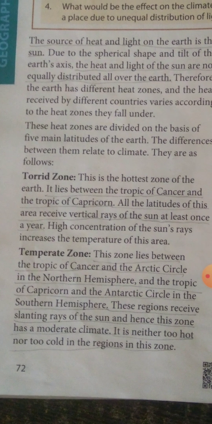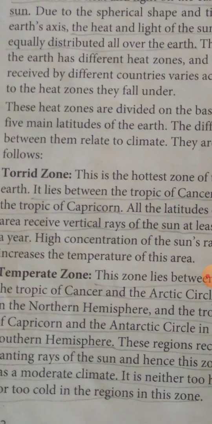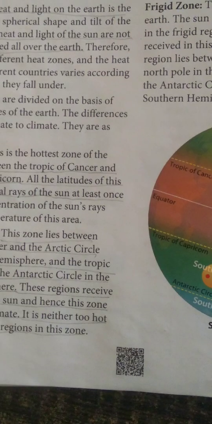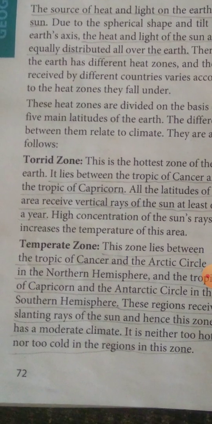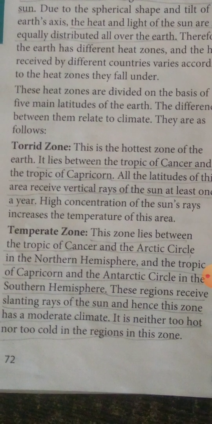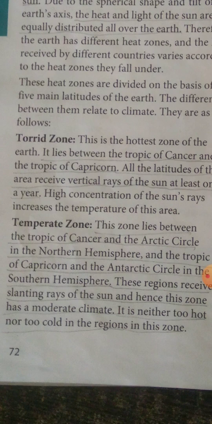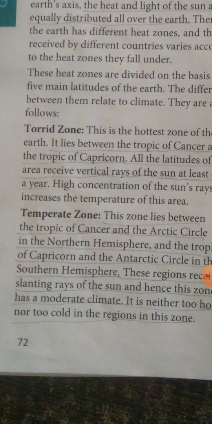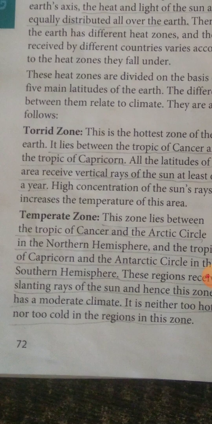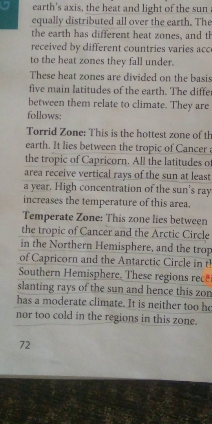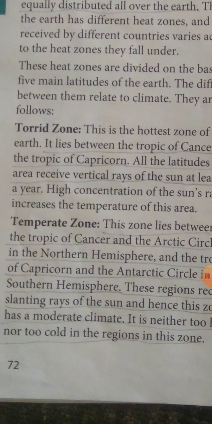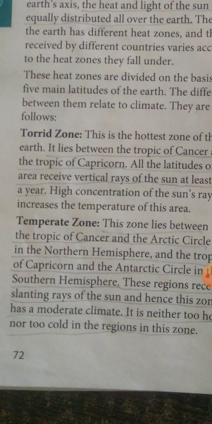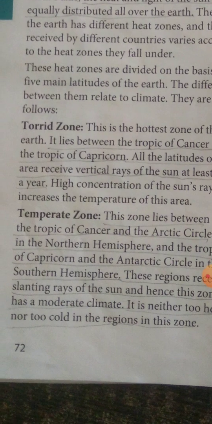The region between the Tropic of Cancer and the Tropic of Capricorn is known as the torrid zone. मतलब कर्क रेखा और मकर रेखा के बीच स्थित क्षेत्र को हम कहते हैं टॉरिड जोन. Okay, next हम पढ़ेंगे.